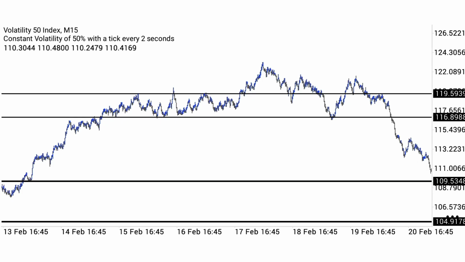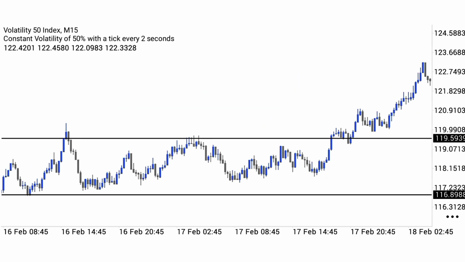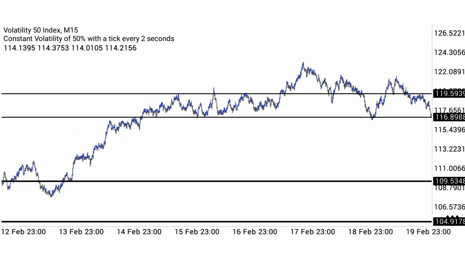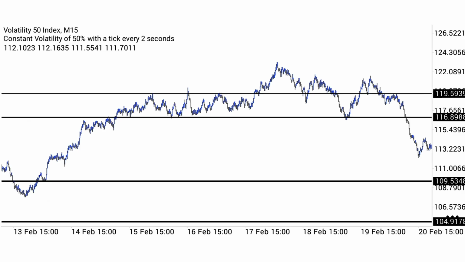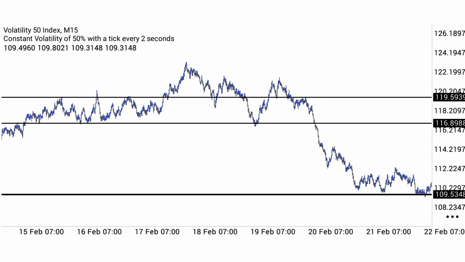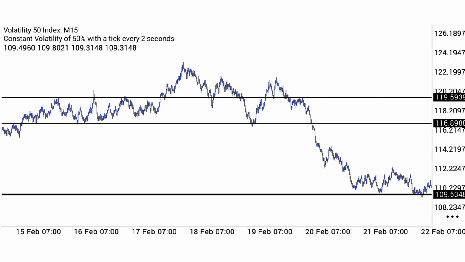Then you can see the market clearly like an eagle, so you know exactly what is happening on the chart. When you have done that, you can then look for trading strategies that you can trade with support and resistance. But the first thing is you have to get it right.